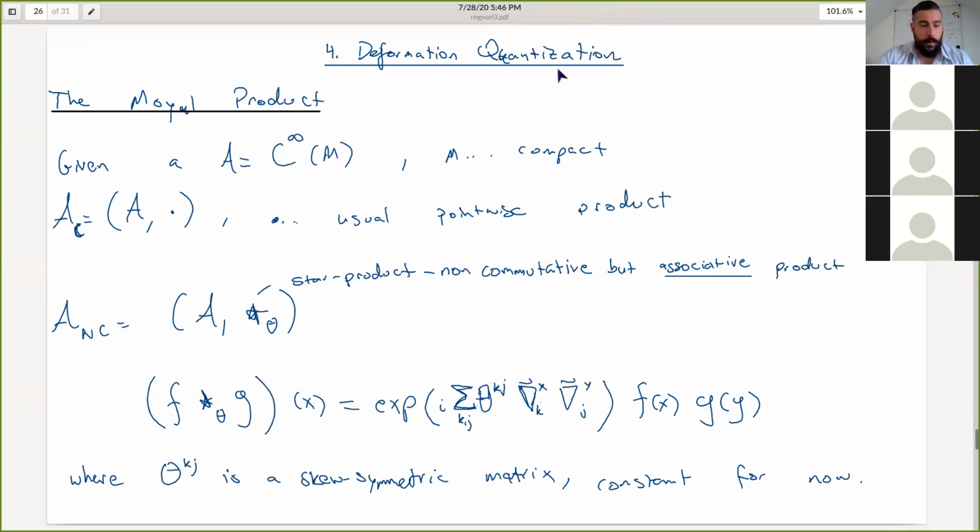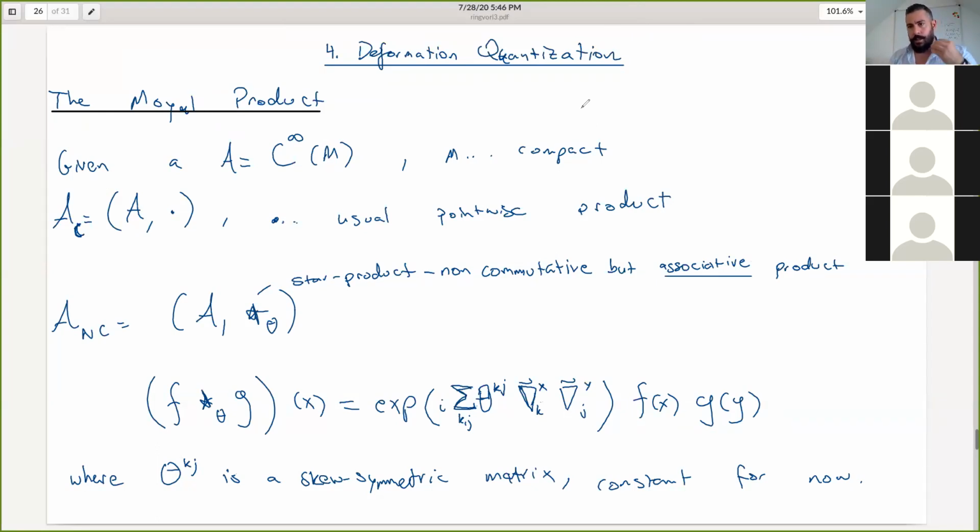Now, for the last 40 minutes, I would like to tell you about another very interesting subject of non-commutative geometry, or of non-commutative algebras, which is called deformation quantization. I would have to explain it very simply.